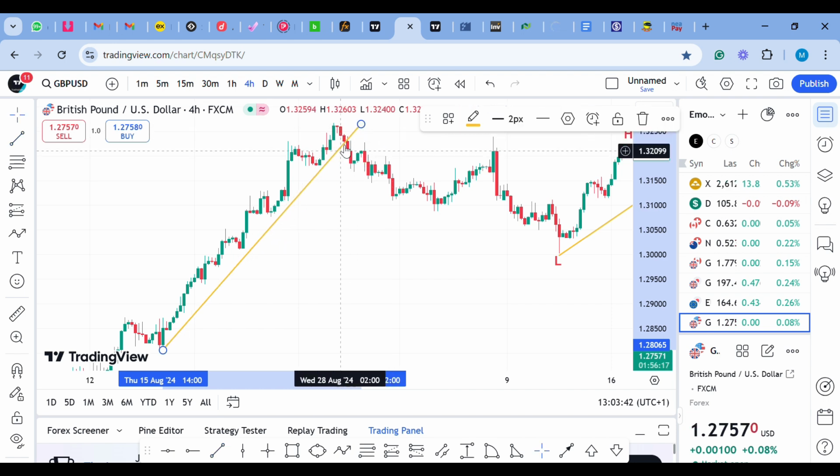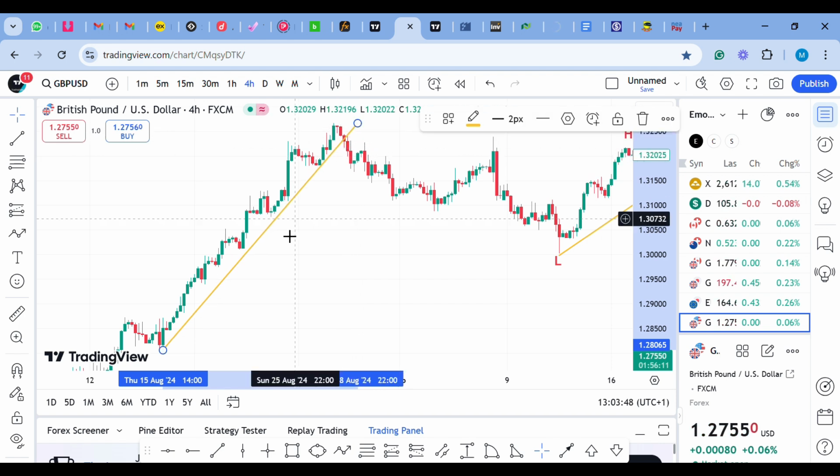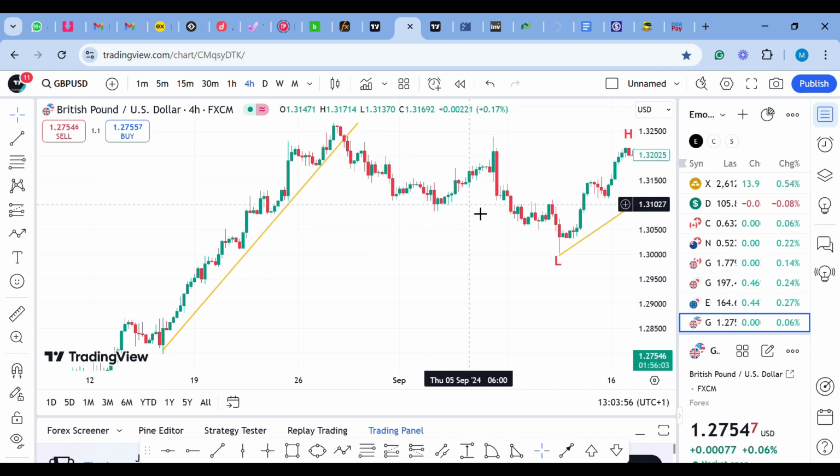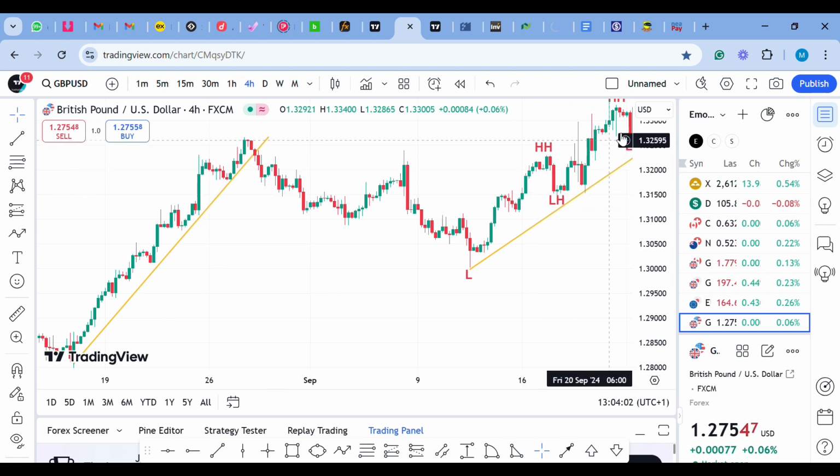If this place is here to form, you can see the market broke the chain. We have one touch, two touch, third touch. The market broke it, came back almost with a test, pushed down, but the market still keeps pushing up. You can see what the market did.